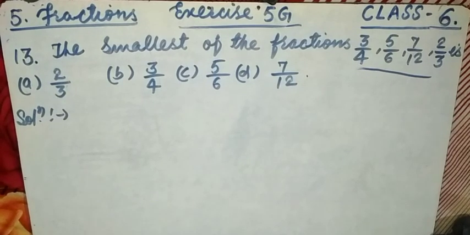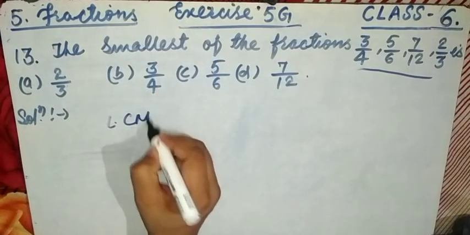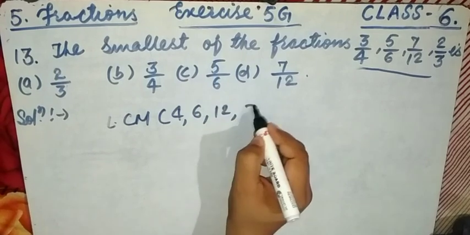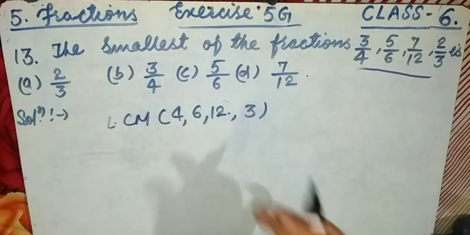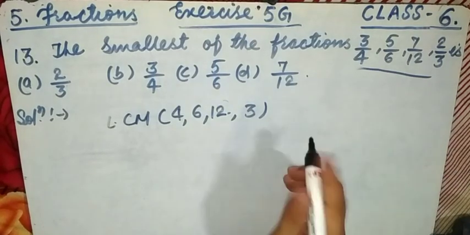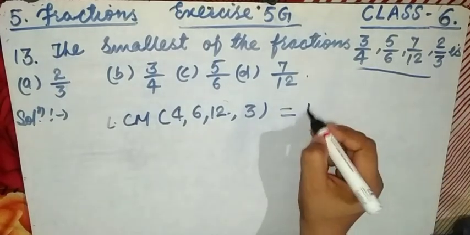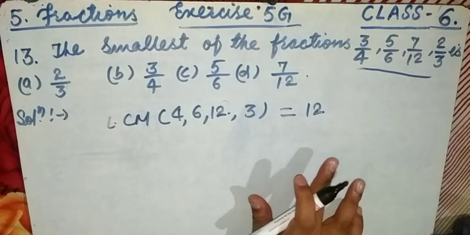Now see, first find the LCM of 4, 6, 12 and 3. My motto is not to find the LCM, my motto is to find the smallest fraction among them. So we can find the LCM by the usual method and check if it is 12. Okay, the LCM is 12.